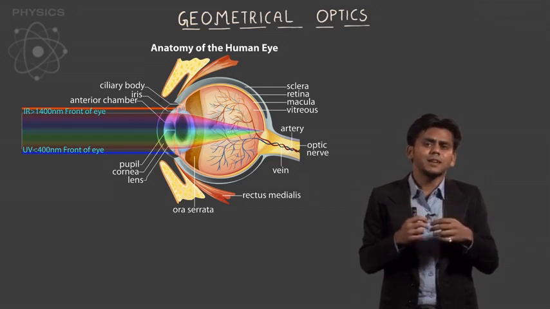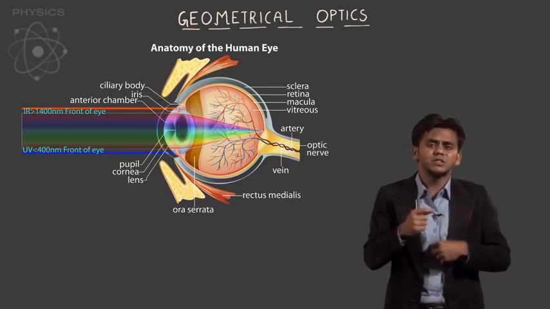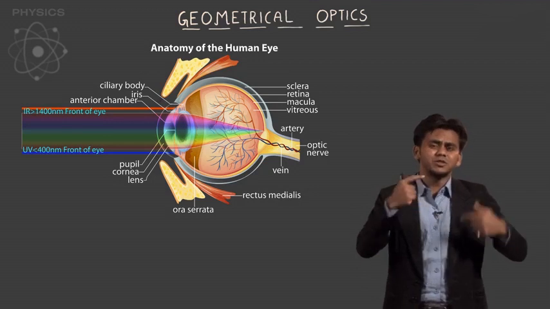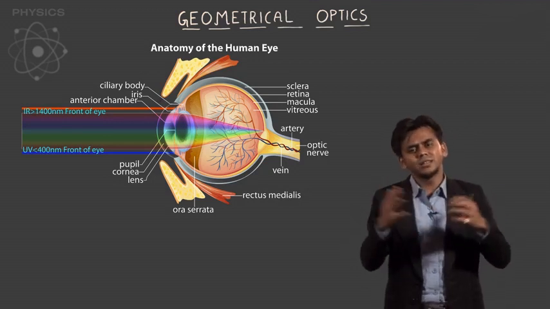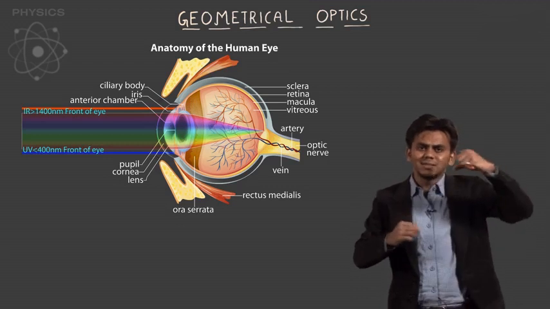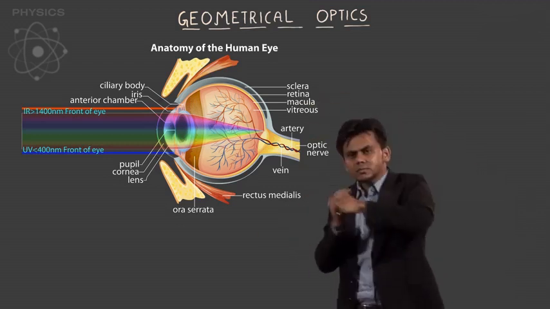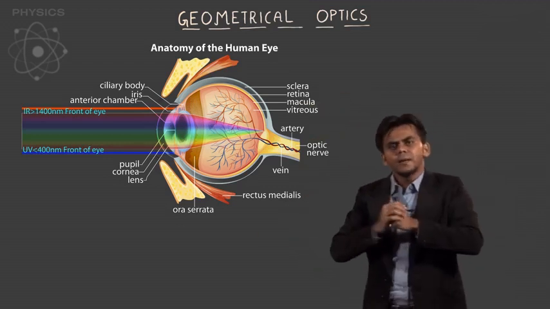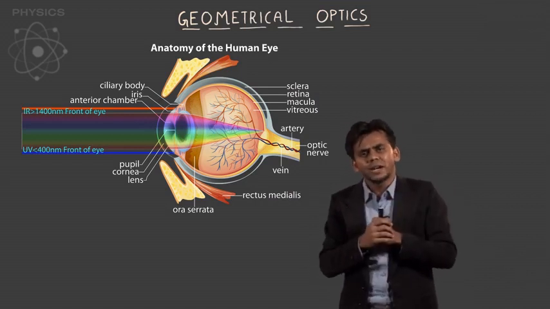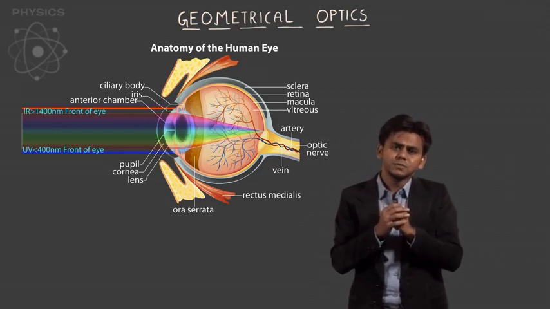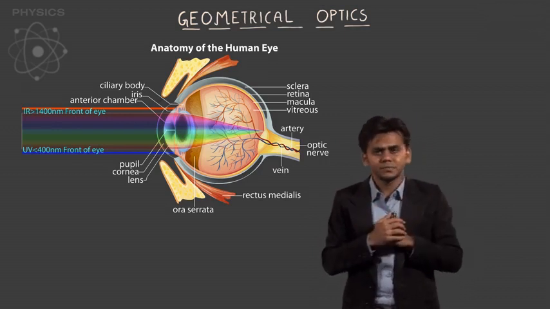By that I mean I'll have to decrease the radius of curvature, because the radius of curvature is related to the focal length. So if I strain my ciliary muscles, my lens would have a smaller focal length, and I can converge those rays to the retina.